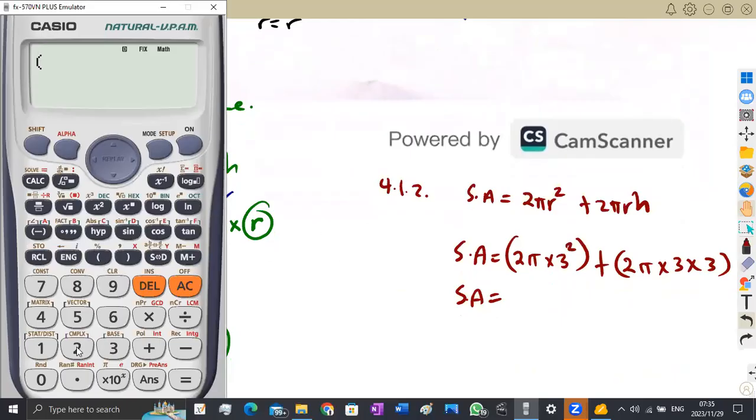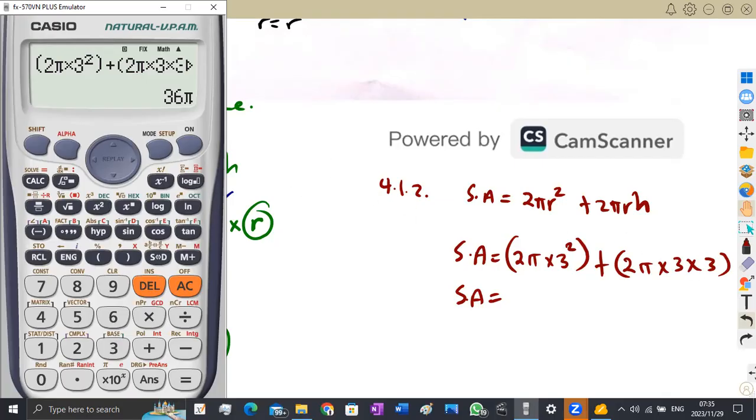So it's 2 pi times 3 squared. Then we are going to add 2 pi times 3 times 3, which is just 3 squared. This is just one and the same thing. So this is going to give us 36 pi.